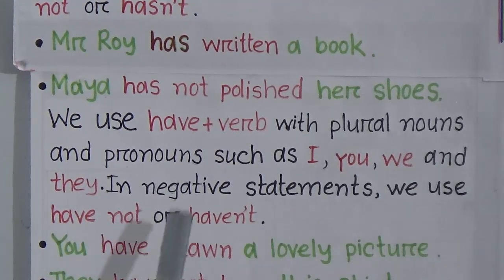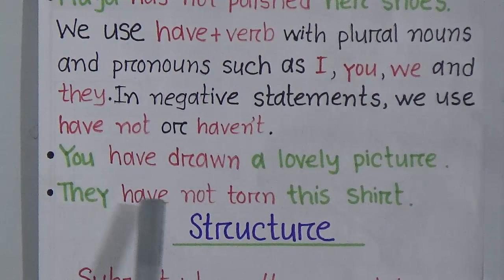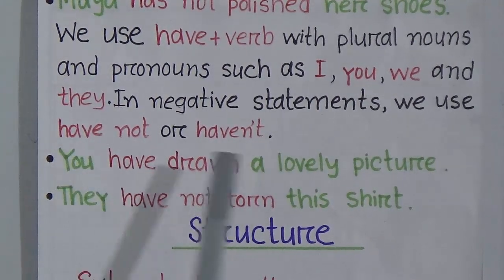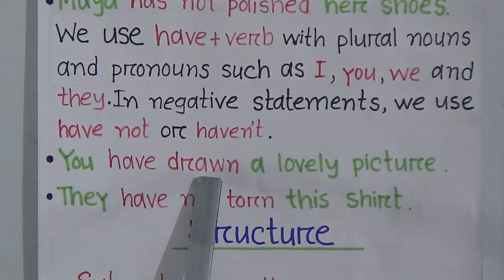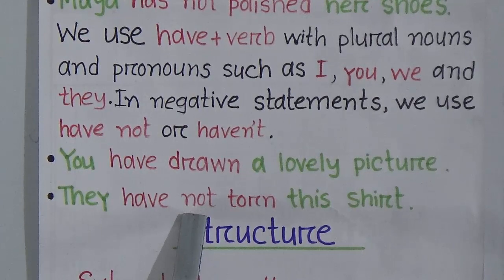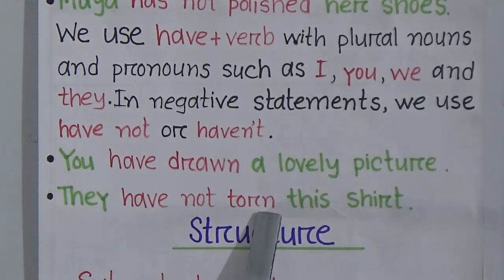For example, you have drawn a lovely picture. They have not torn this shirt. Here we use have and the past participle form of the verb. And in the next example, we use have not, then torn. That means have not plus the past participle form of the verb.